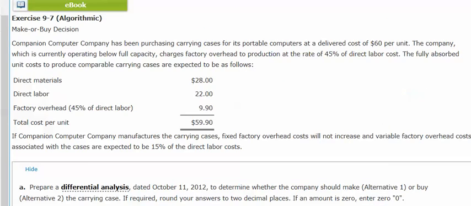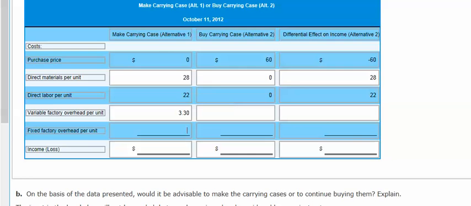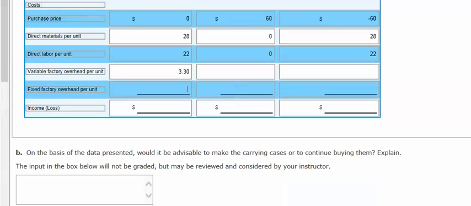Also, the fixed factory overhead, they said would be a total of $9.90, so that's going to be the fixed portion that's going to be allocated to it. And of course, under buying it, it would be 0, and for both of those, so we'd have 3.3.